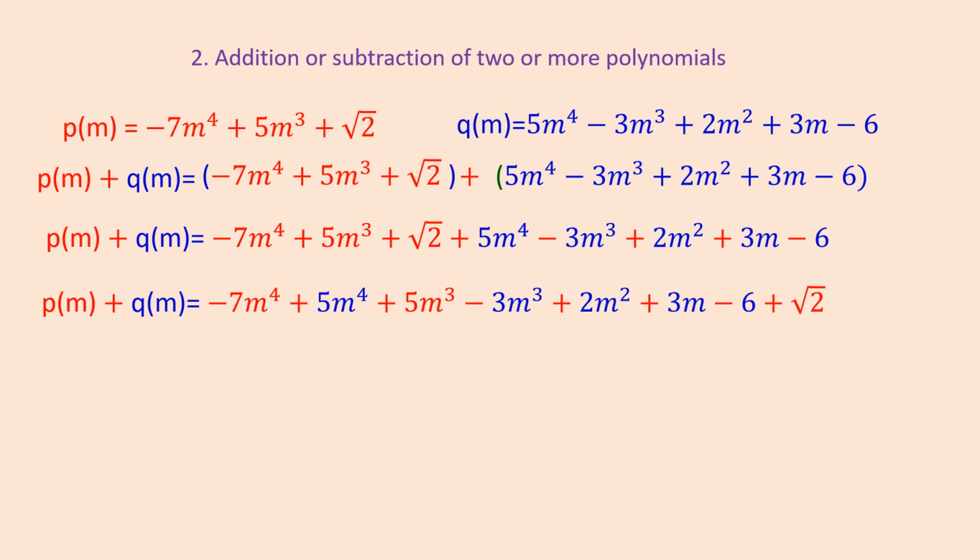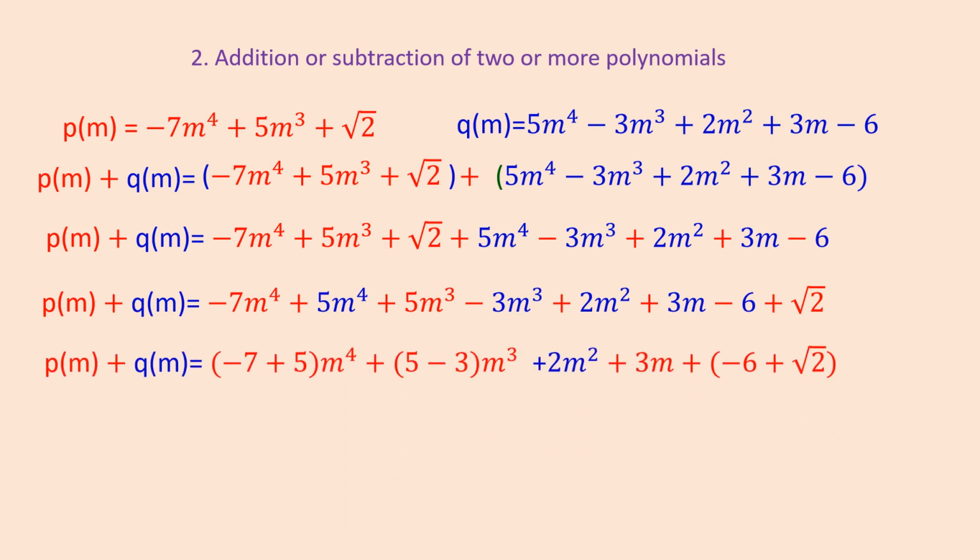Same way after that plus 3m, and then minus 6 which was in the second bracket, and plus root 2 was there with the red one, so we have got it here, so it became minus 6 plus root 2.